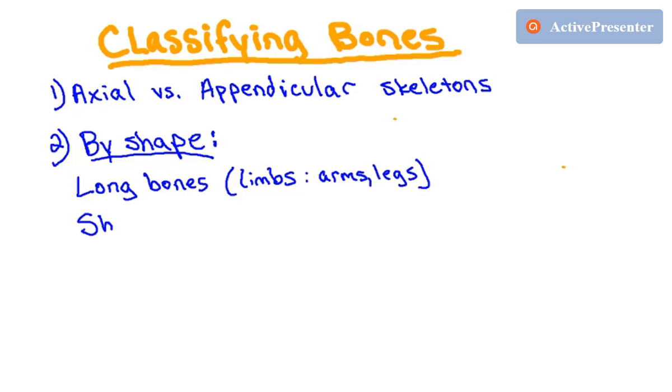Also, speaking of shorter, you're going to have short bones. And these are going to be more like cube-like shaped. Like some of the bones in your wrists and ankles.